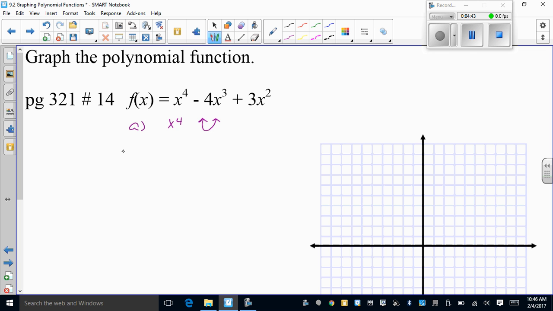Step 2 is find your zeros. All right, so step 2, have to do some factoring. So x squared, common factor throughout, leaves me with x squared minus 4x plus 3. And if I factor this guy, I get factors of 3 that add up to -4.